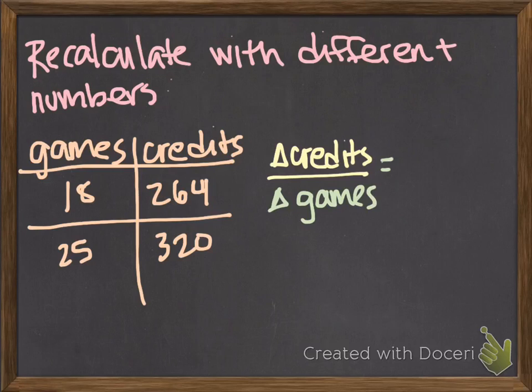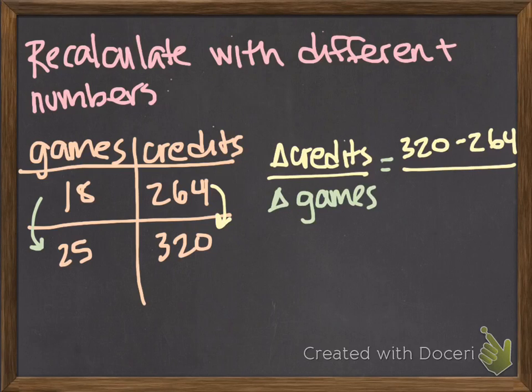So we're going to start with our change in credits. From 264 to 320, we're going to subtract 320 minus 264. And then I do the same thing with my games column. Go from 18 to 25. So I'm going to subtract 25 minus 18.